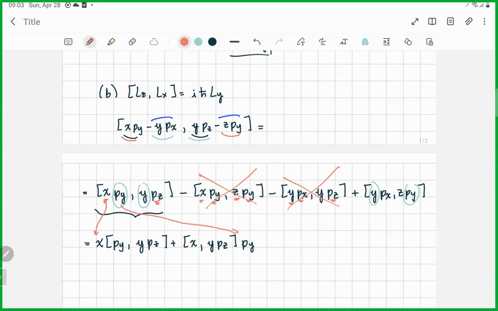Okay, and then we'll have to open this again. But let me go to the last commutator that we have there. I'm going to put y, p_x with z, p_y. So I'm working now with this. And I'm going to put y, z, p_y with p_x, which means I'm working with this guy.